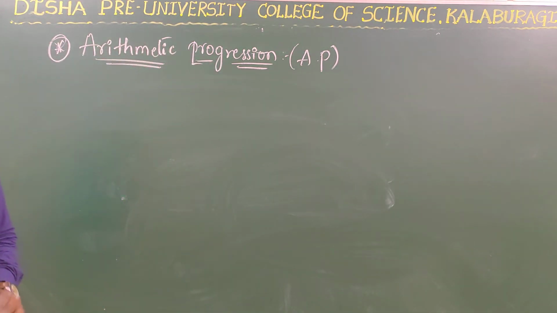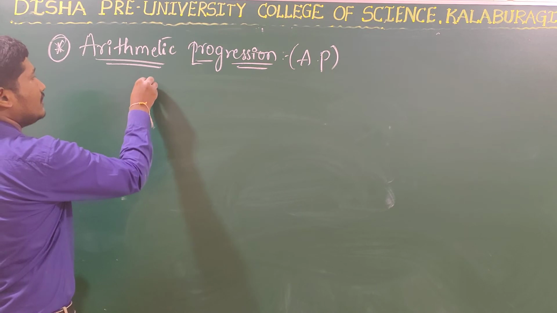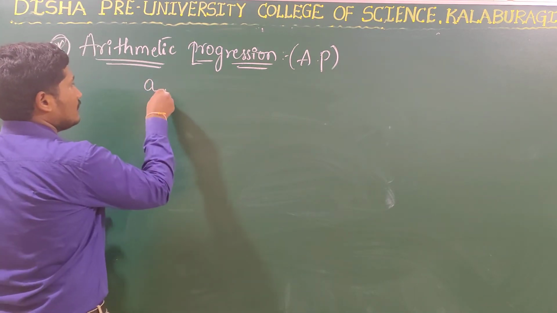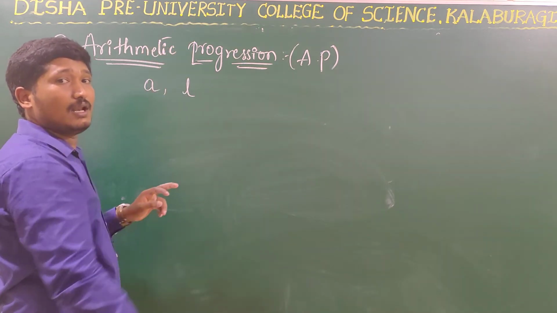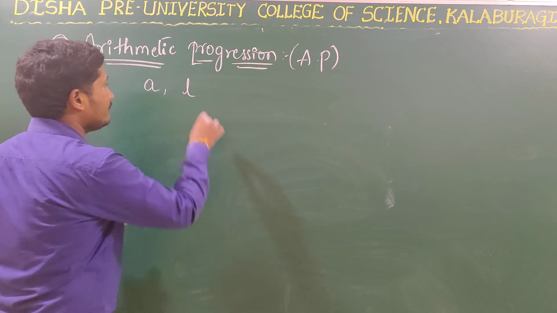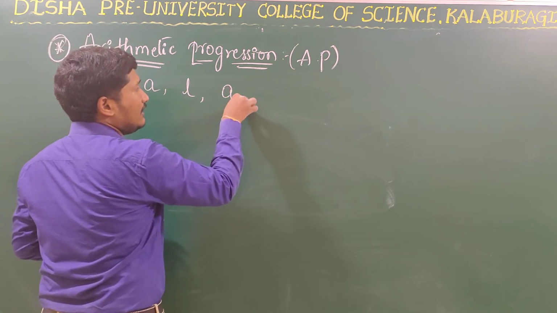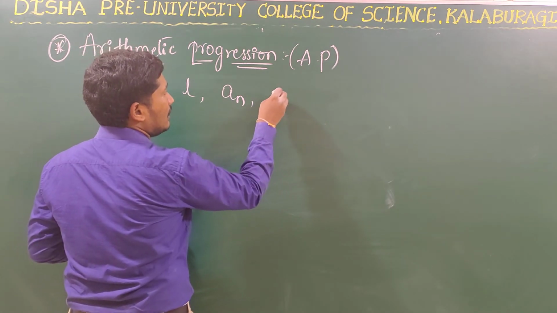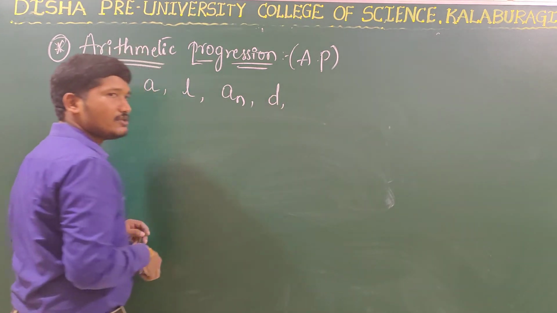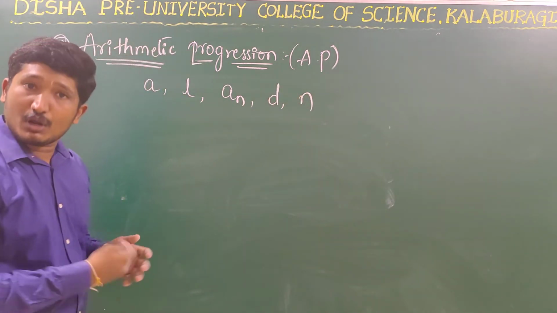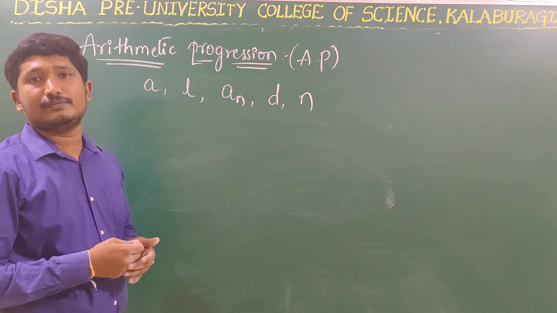Now, you already know that the first term of the arithmetic progression is denoted by a. The last term of the arithmetic progression is denoted by l, right? an is the nth term of the arithmetic progression, and d is the common difference. n is the number of terms in the arithmetic progression.